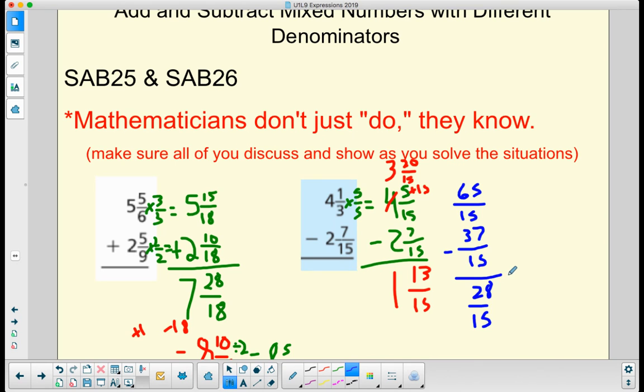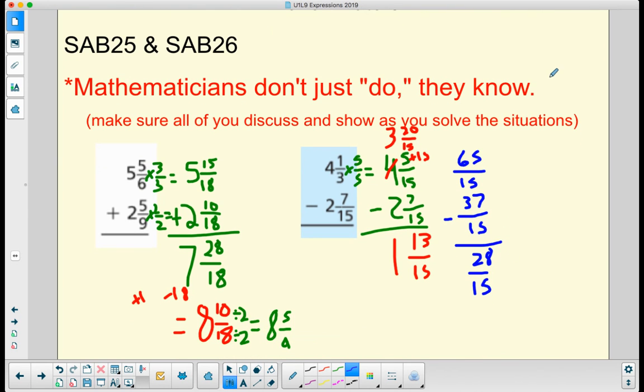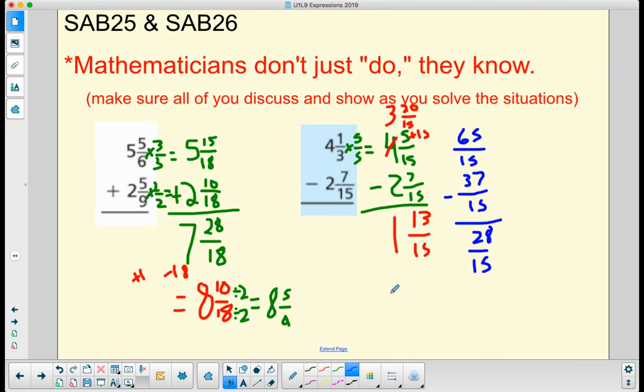How do I change a fraction greater than 1 into a mixed number? I divide. Take the numerator, 28, divided by the denominator, 15. Well, 2 15ths is 30, so I only have one whole 15. One group of 15 is 15.